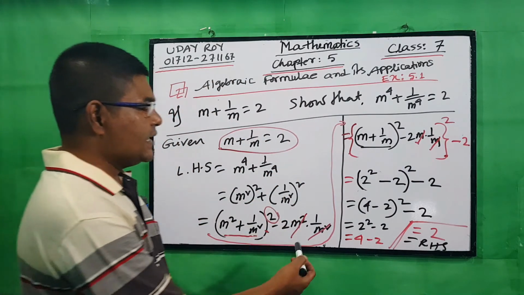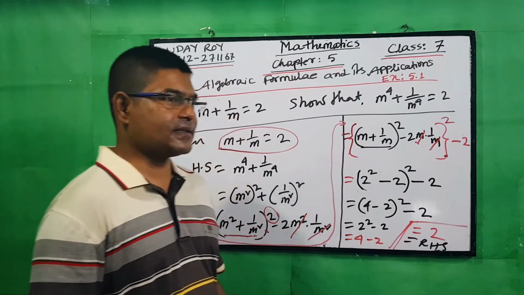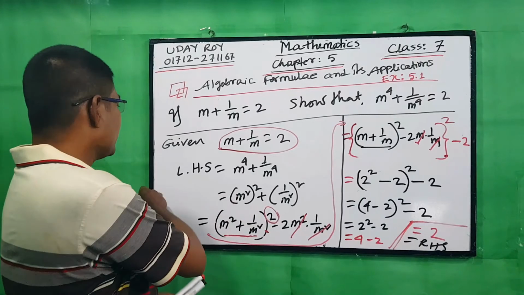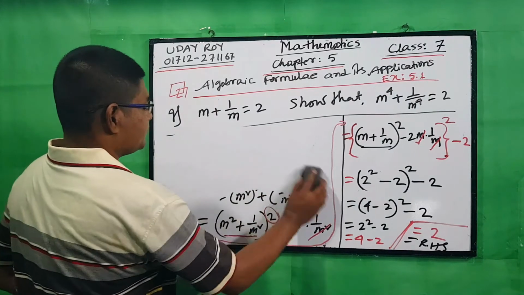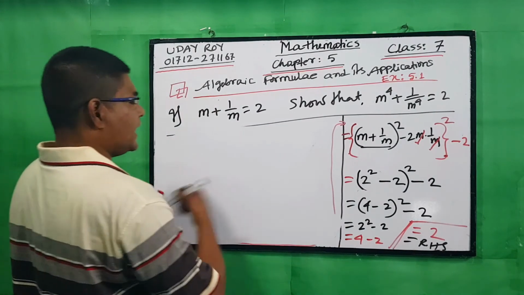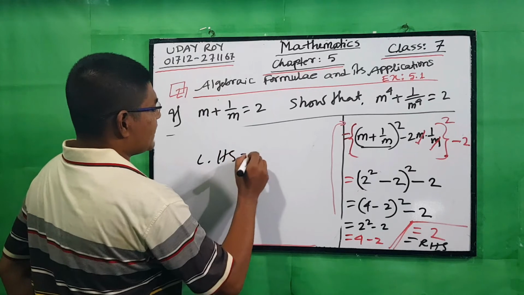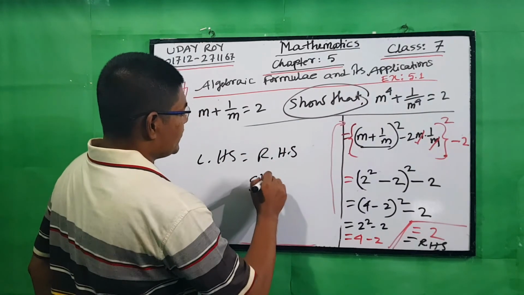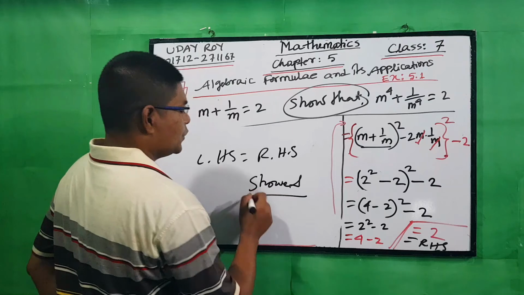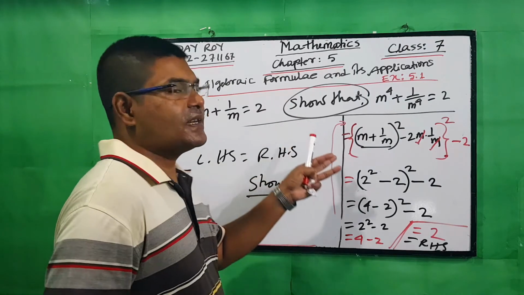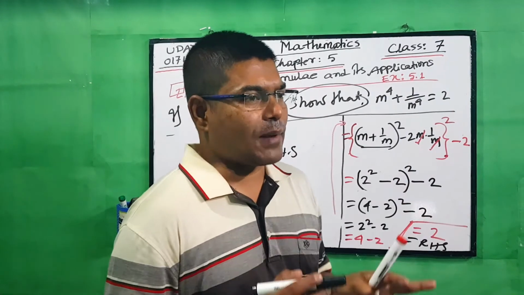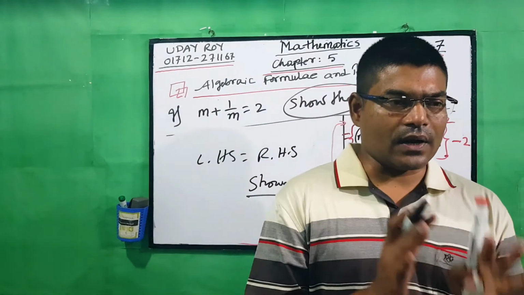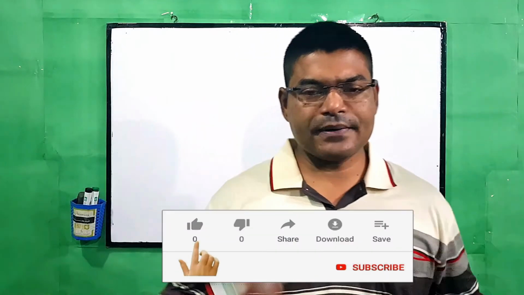So we can write left hand side equal to right hand side. Sure. So we can write in this way. Here is show that. You have to write sure. So maths done. Be careful. You have to follow whether this is plus or this is minus. Already we have done our tasks.